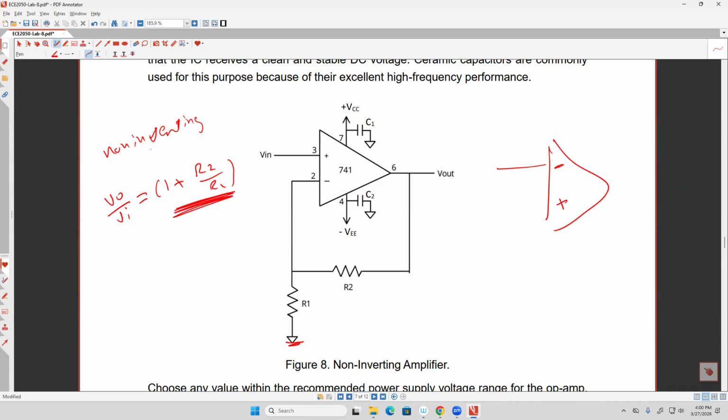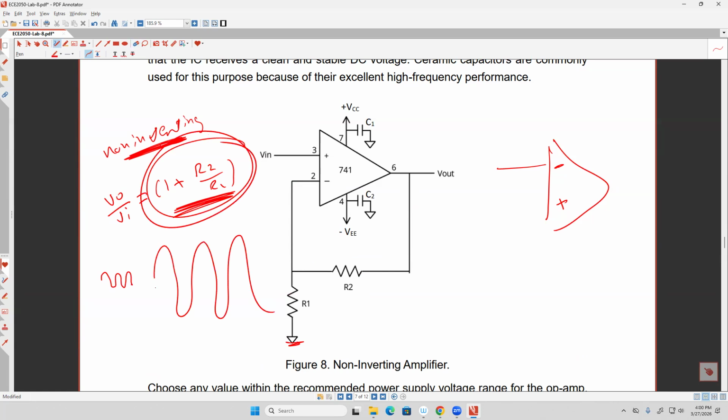This one should be non-inverting, which means, as I said in the lecture, that if you apply a small signal like this one, you should see the other signal amplified by this value, and it should be in phase.